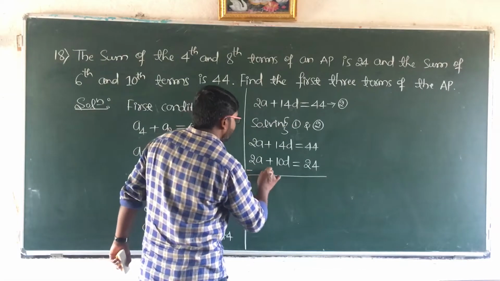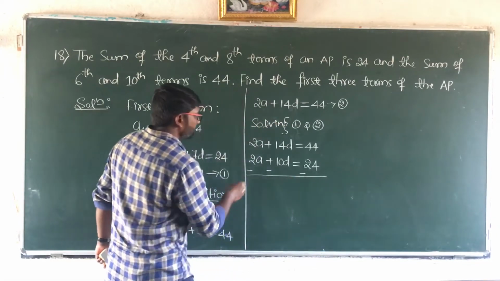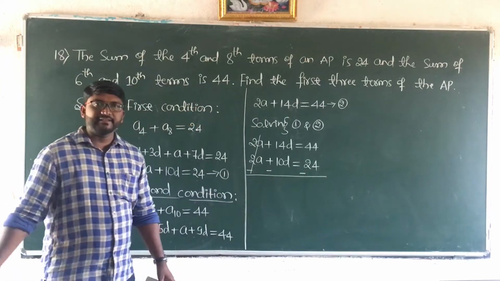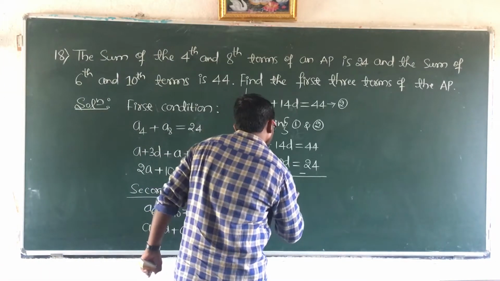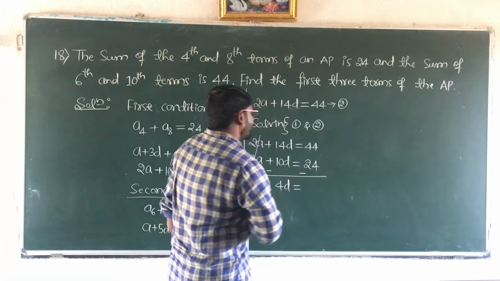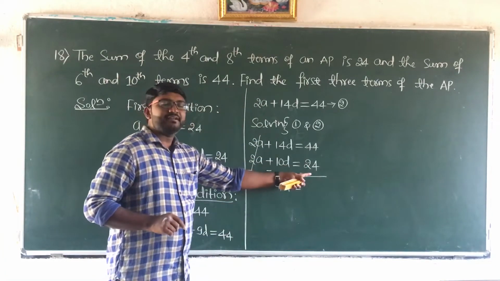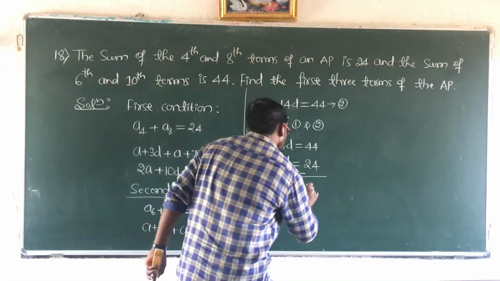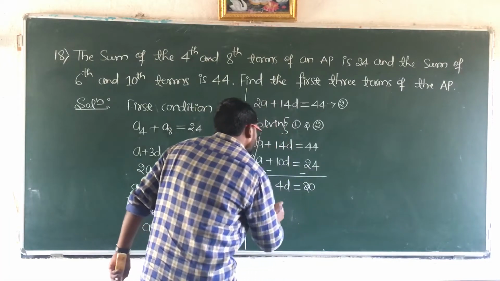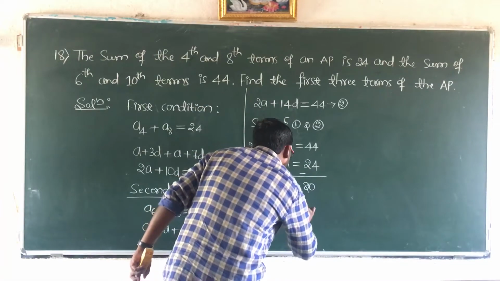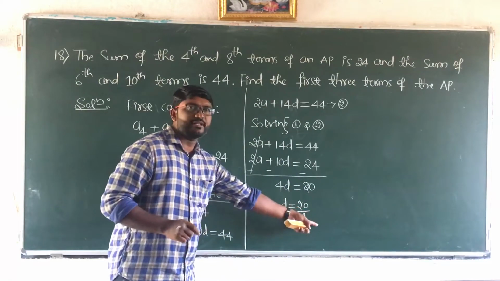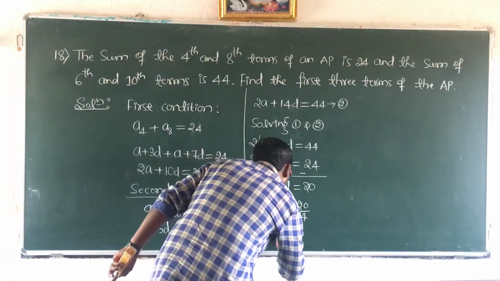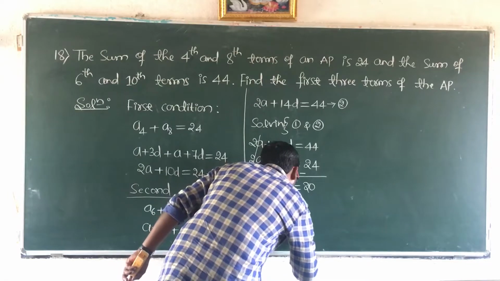Let us change the signs. 2A minus 2A gets canceled. 14D minus 10D is 4D, which is equal to 44 minus 24, that gives us 20. So D is equal to 20 divided by 4. Take 4 to the RHS, it goes to the denominator. 4 fives are 20. So D is equal to 5.